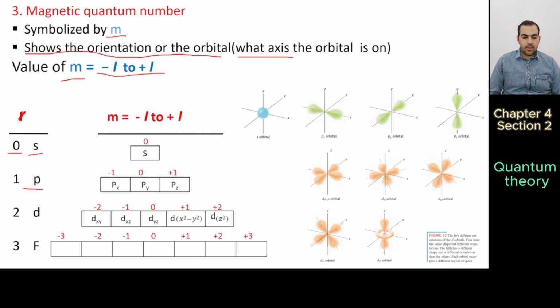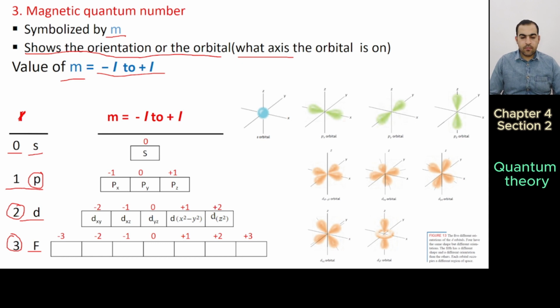When L equals 1, it describes the P sublevel. There are 3 orbitals. For D, when L equals 2, we have 5. For F, we have 7 orbitals, described by 3. L, the angular momentum quantum number, equals 3 for the F sublevel.